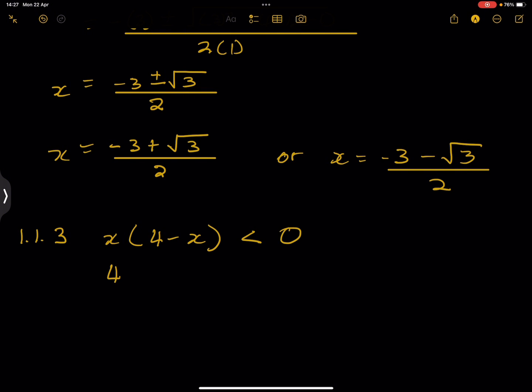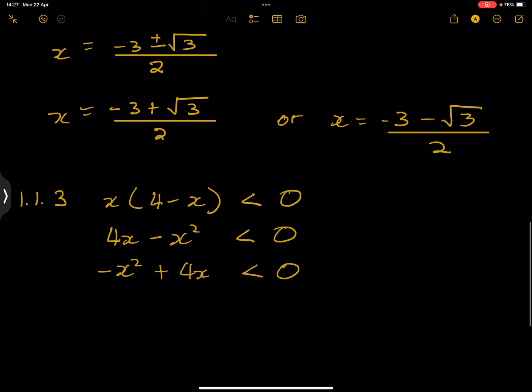So that will be 4x minus x squared less than 0. If you put it in standard form, you would have minus x squared plus 4x less than 0. Now let's make the coefficient of our x squared positive.